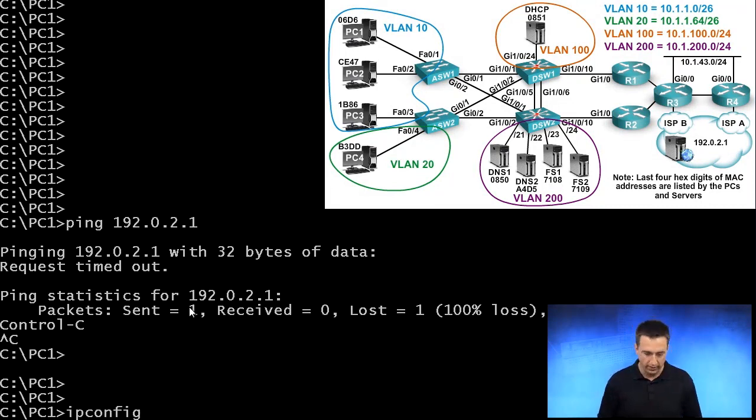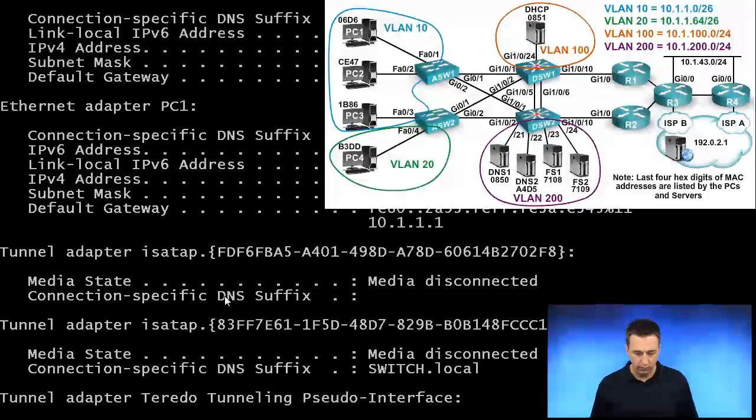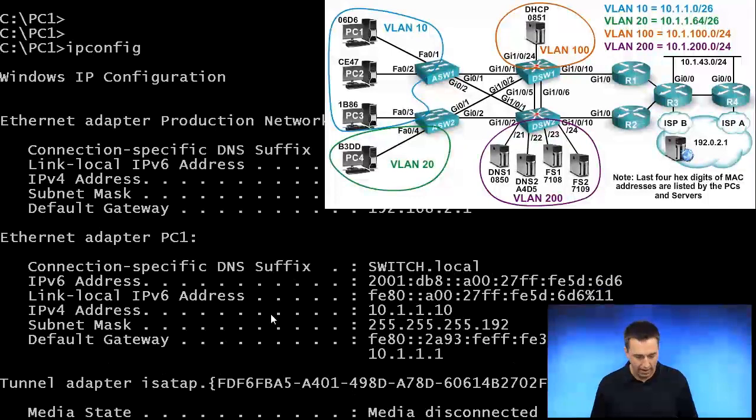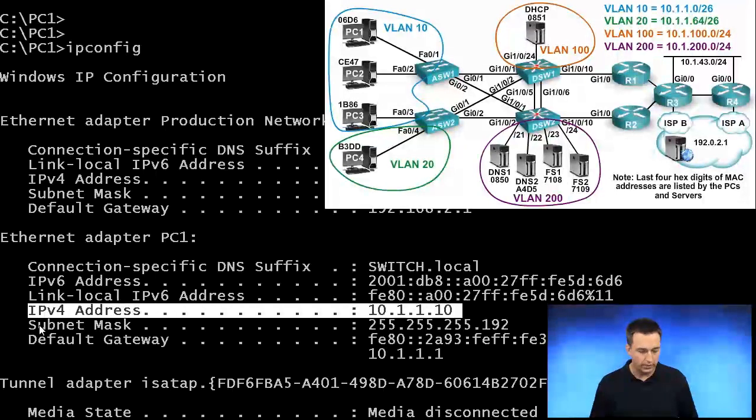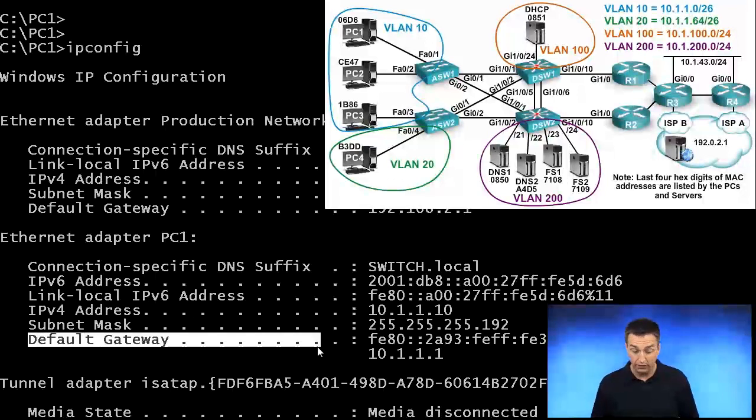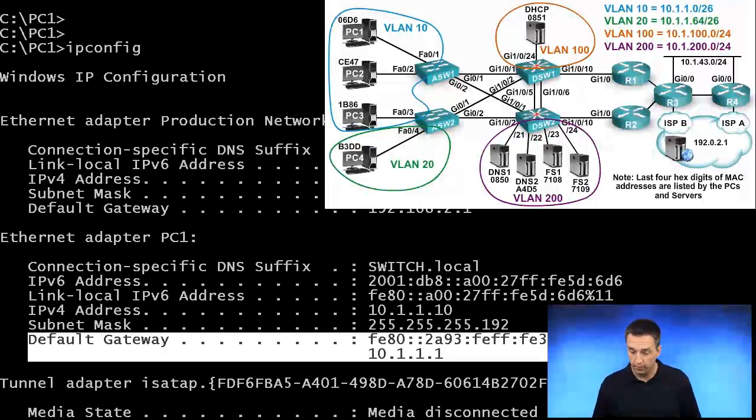So ipconfig, and we can see from this output that we have an IP address. It's 10.1.1.10. We have a subnet mask. We have a default gateway. So here's something to think about.